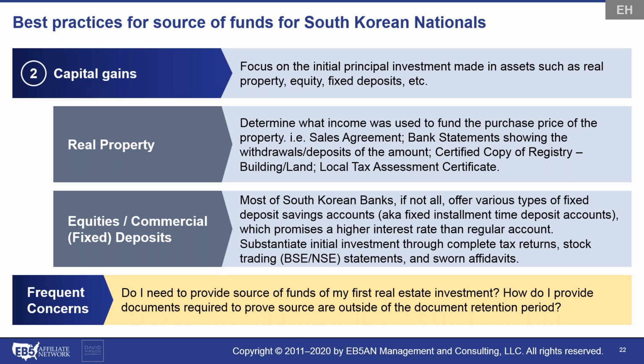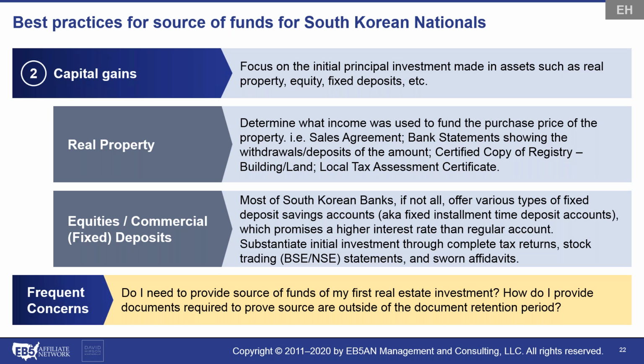And it says the equities on commercial fixed deposits. So it's another interesting concept, specifically available in South Korea. In South Korea, most of the banks offer various types of fixed deposit savings. It's called fixed installment time deposit accounts, a literal translation.